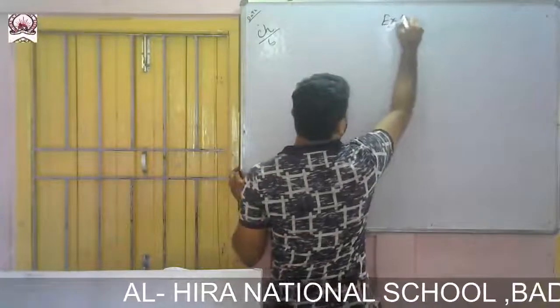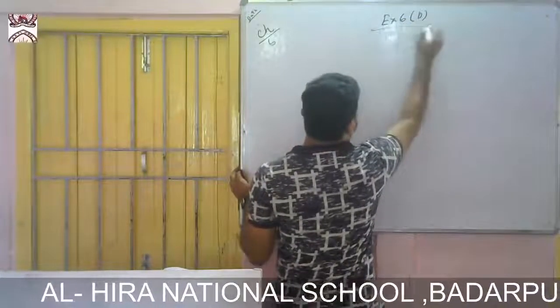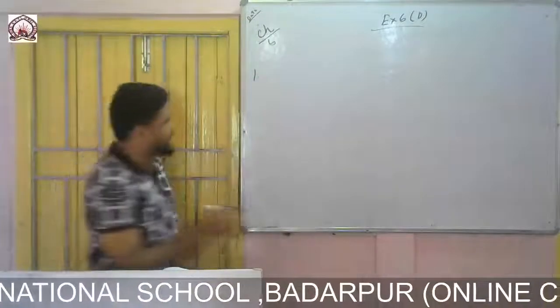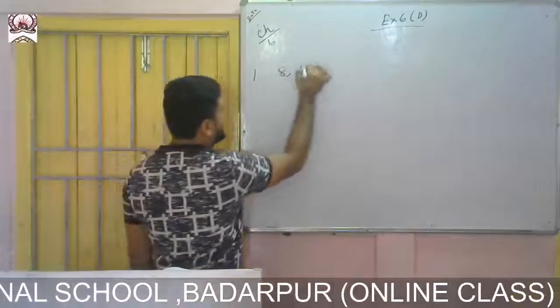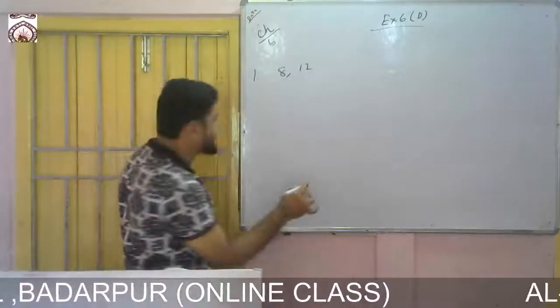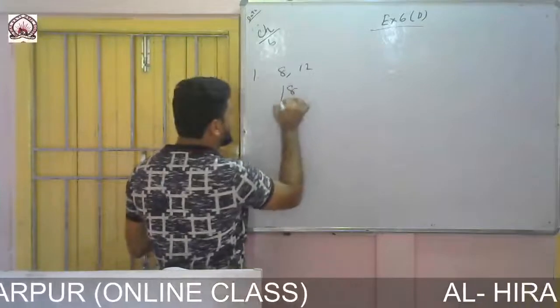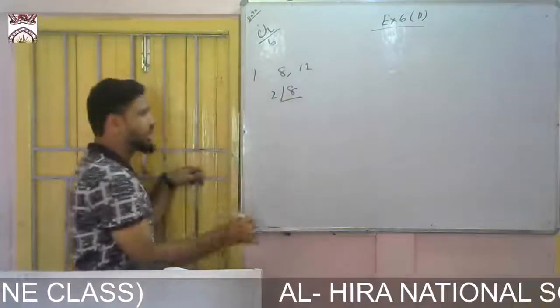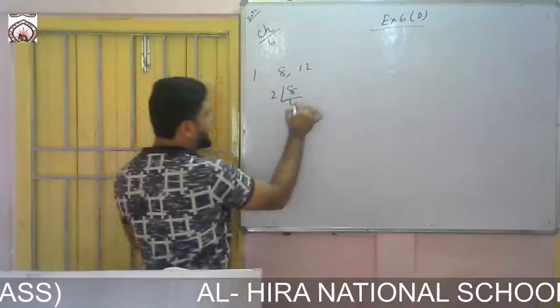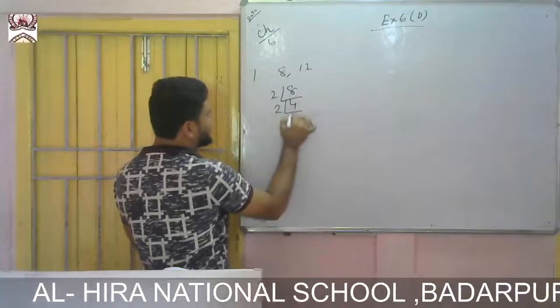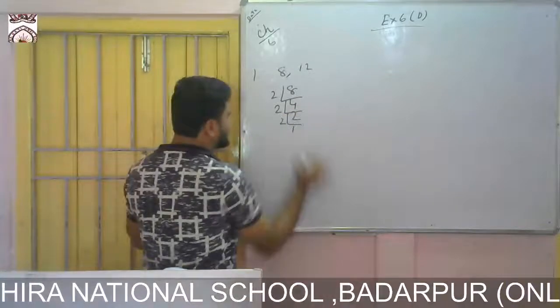Exercise 6D, question number 1: 8 and 12. First you prime factorize. You know how to prime factorize by dividing. 2 fours are 8, again 2 twos are 4, again 2 ones are 2.